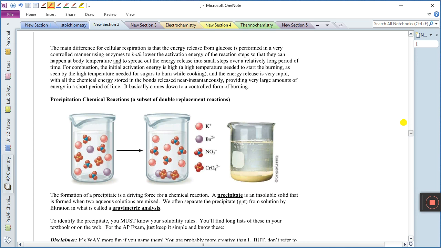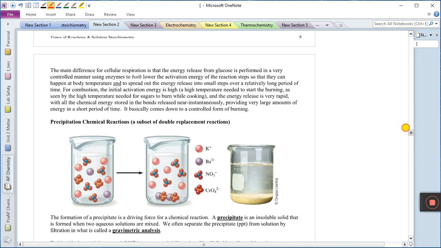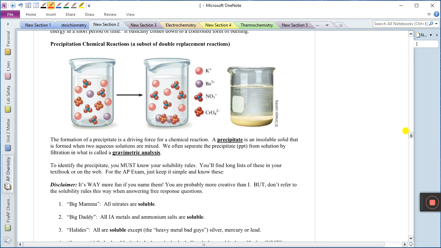All right, so now we get into our subsets of double replacement. Precipitation. What is a precipitate? Solid formed from two. Are they going to be pure liquids? They're going to be what? Solutions. So if you mix two solutions and you get a solid, that's a precipitation reaction.